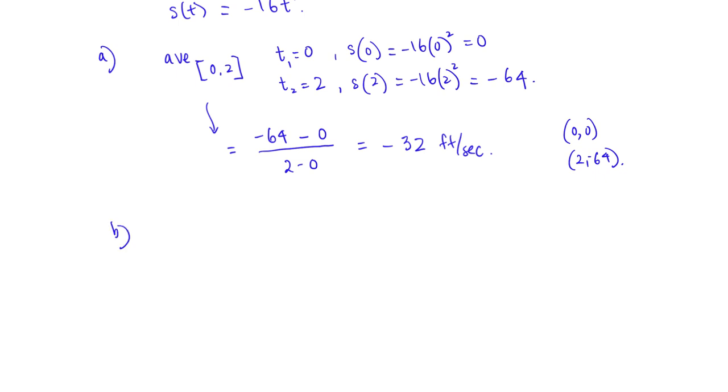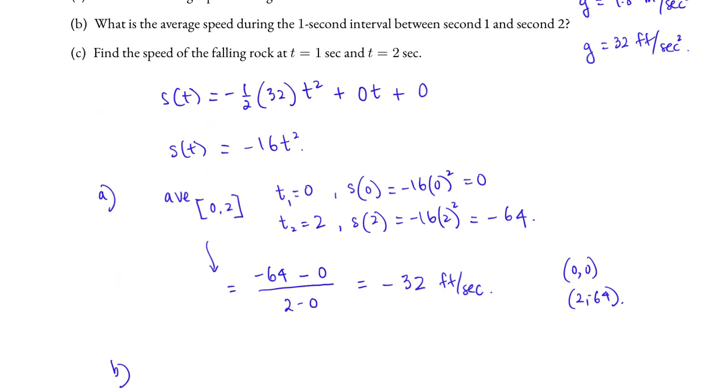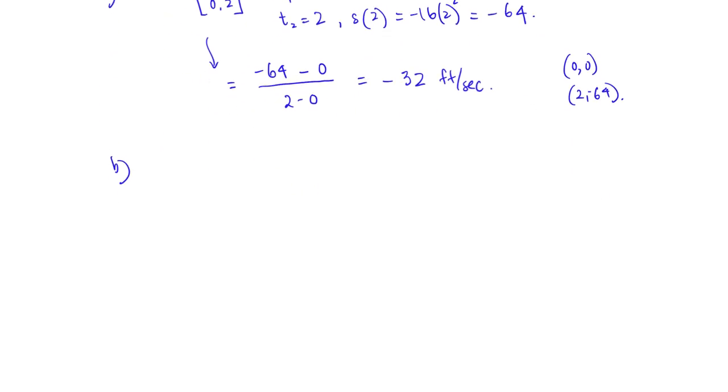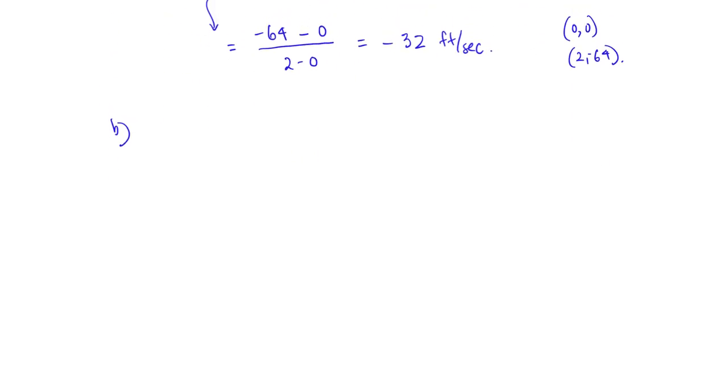Part B. What is the average speed during the 1 second interval between second 1 and second 2? We basically do the same thing, except that this time the beginning time is 1 second and the ending time is 2 seconds.